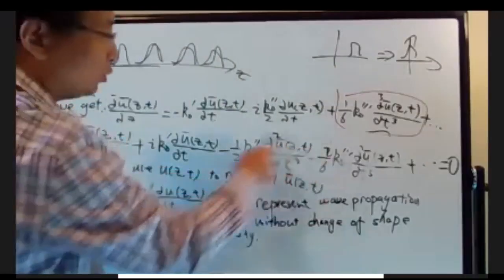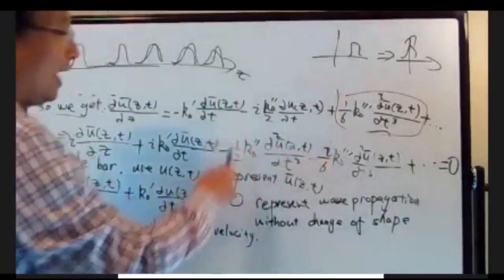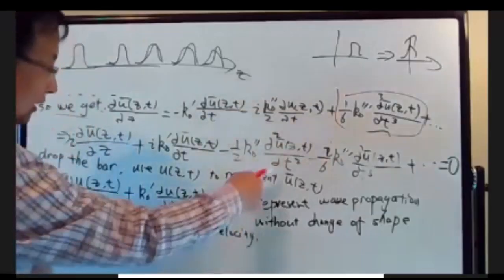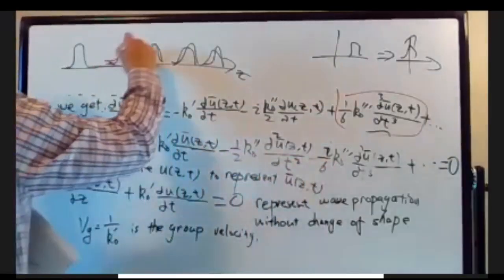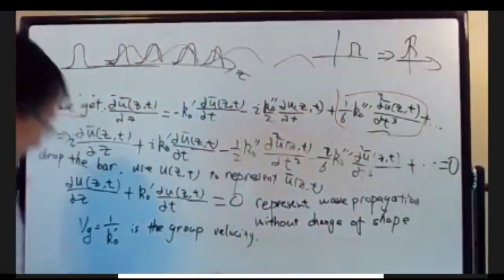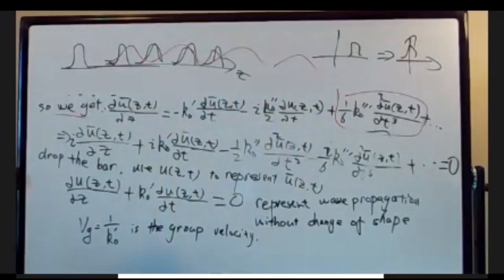But due to the contribution from here, it will change the shape, right? So now with those high order terms, the pulse broadens, broadens, broadens, and we will study those terms in our class, right? Okay. Questions so far?